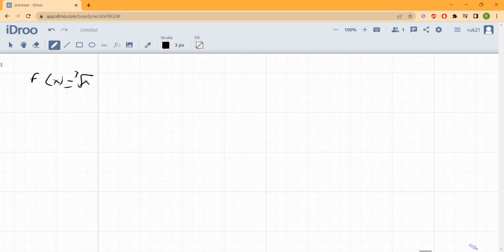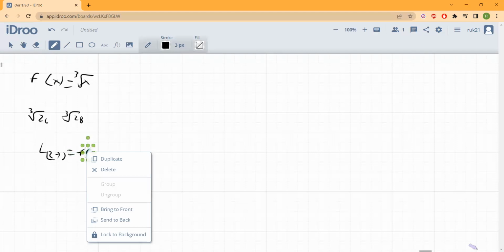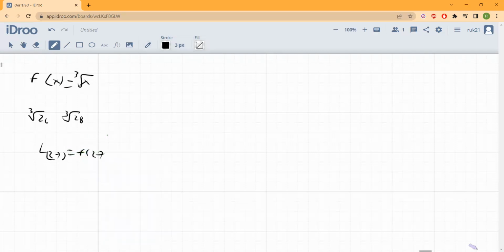The closest number to 28 and 26, and this is a cube root, is going to be 27. 27 is a really nice number, right in the middle of them. That's what we're going to use. We're going to have our linearization at 27. So L at 27 is equal to f at 27 plus f prime at 27 times x minus 27.